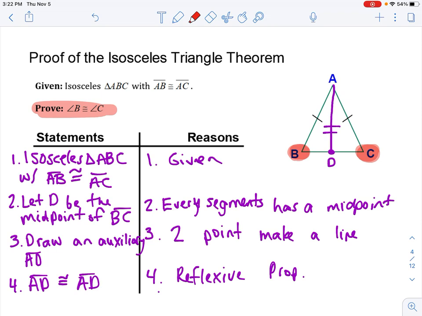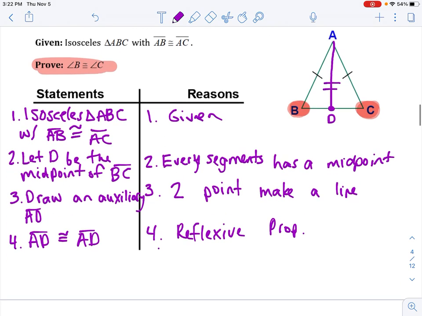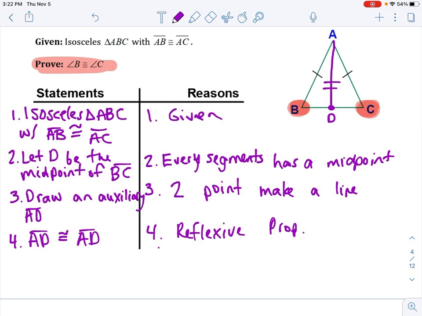So we can finish out this proof by proving the triangles are congruent and then getting that corresponding parts are congruent. Now, since we stated something with midpoint, we're probably going to want to use it. So I'm going to say that BD is congruent to DC because of the definition of midpoint.